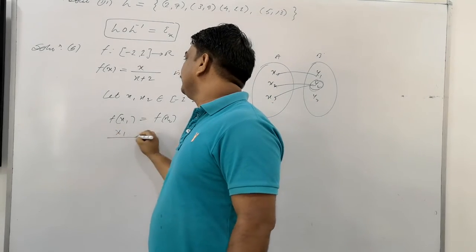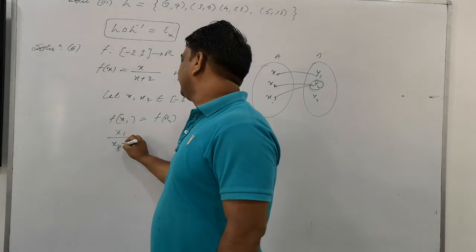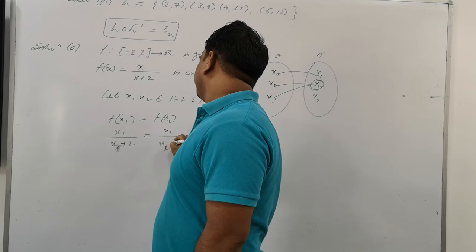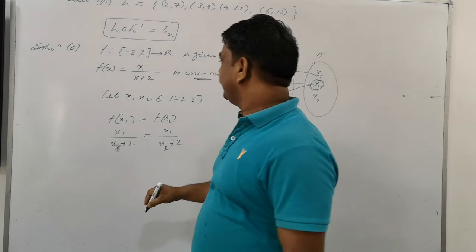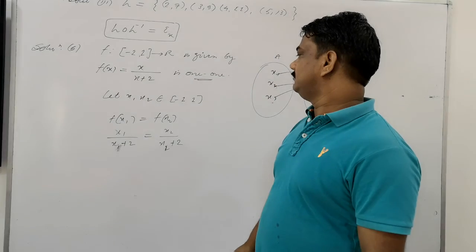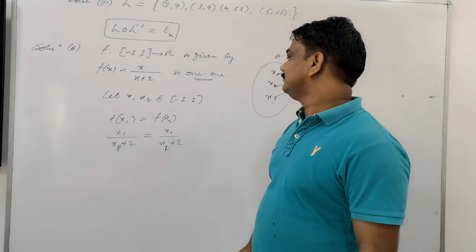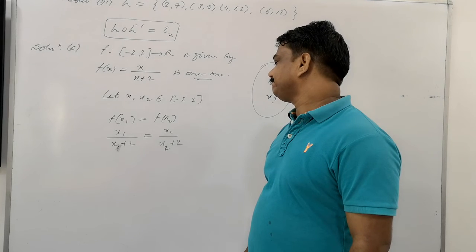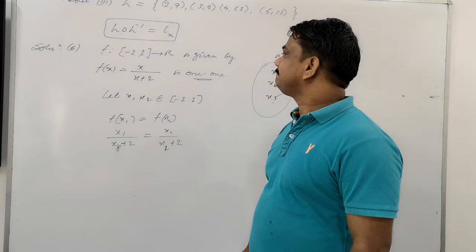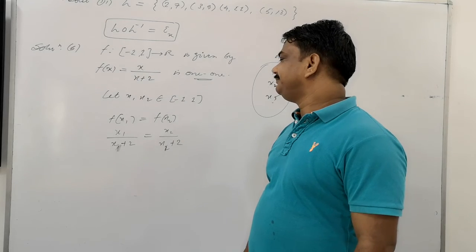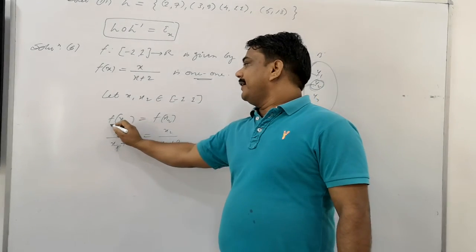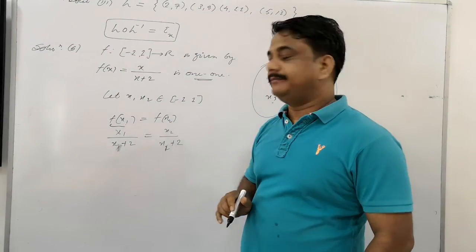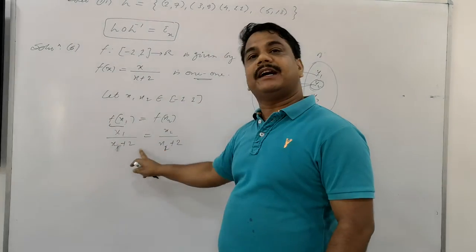So f of x1 is x1 plus 2, equal to x2 by this. What are we taking here, please tell me. We are taking the image R. f of x1 and x2 are images; x1 and x2 are domain, and we are taking their domain are equal.